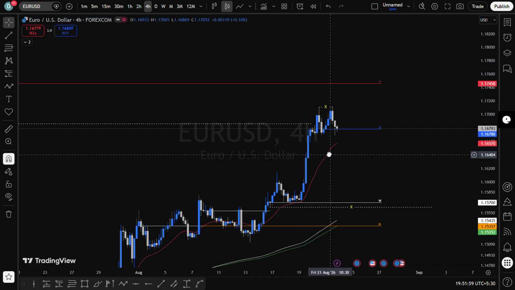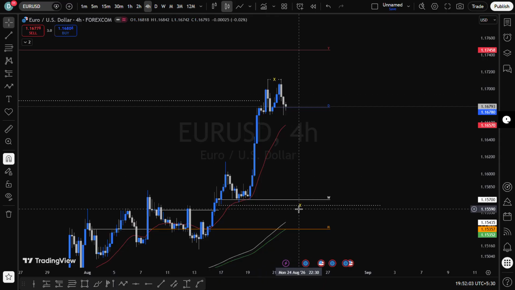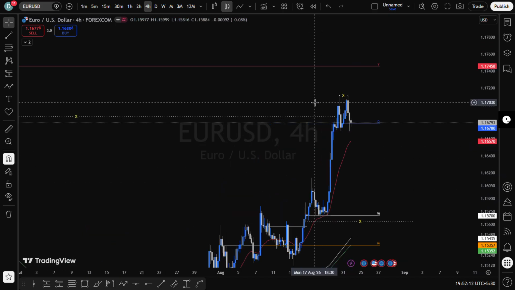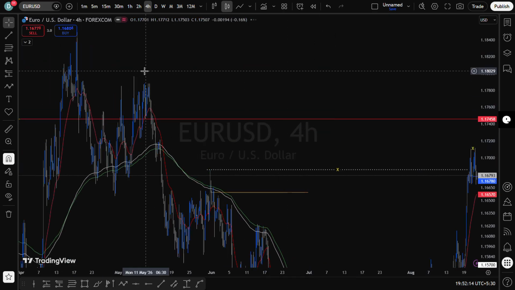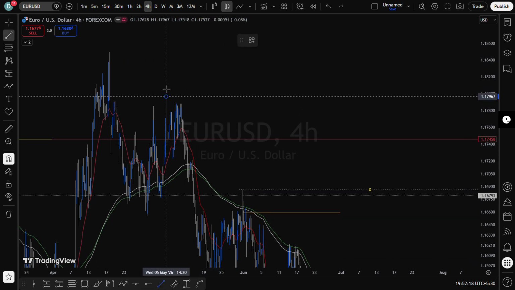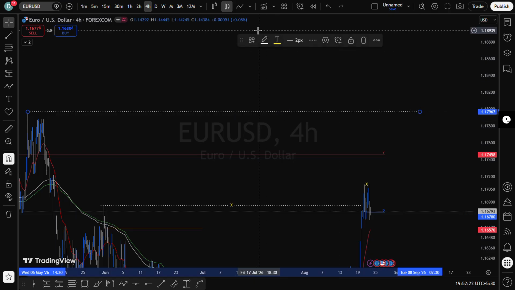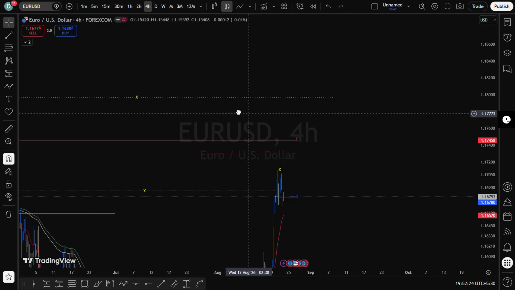My preferred entry will be after going here, taking this liquidity and showing the 4-hour structure, then we can take some longs from here to this upward liquidity, like here and here, and these liquidities. As we can see, this liquidity would be our main target from here.